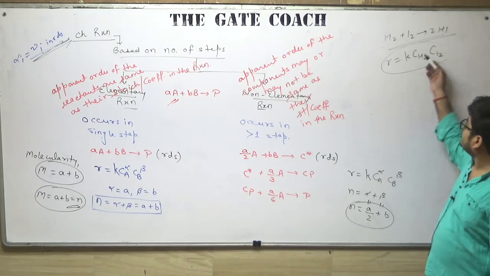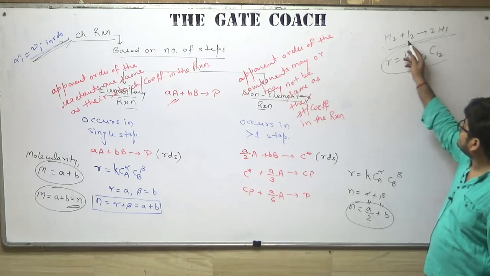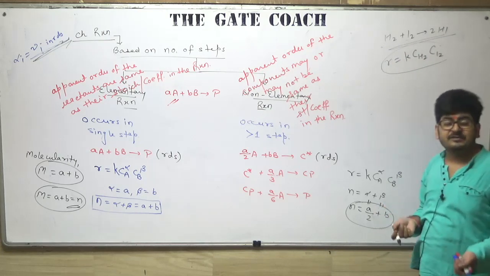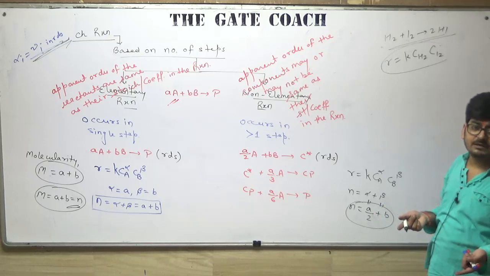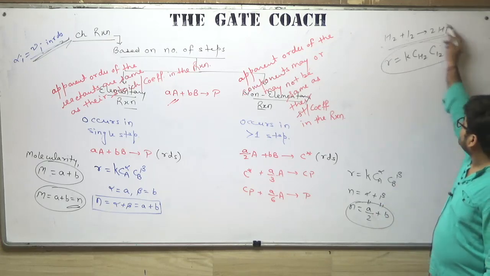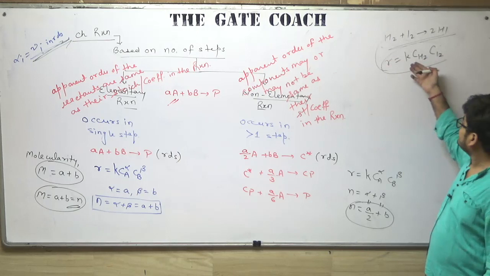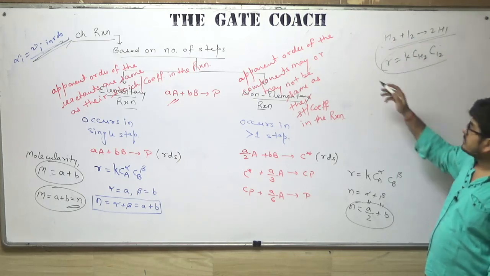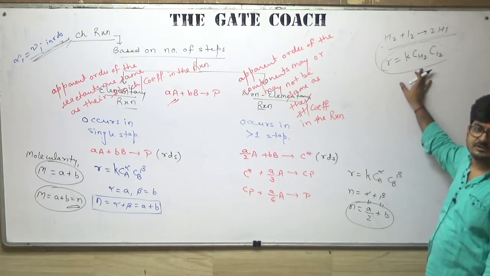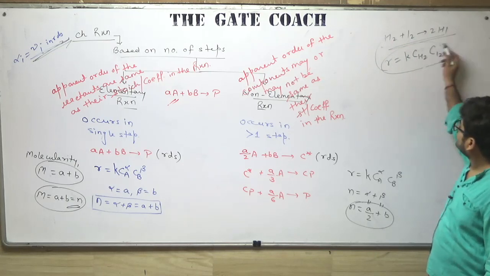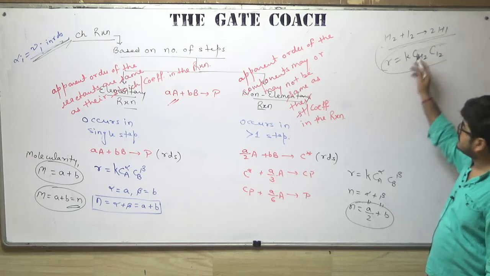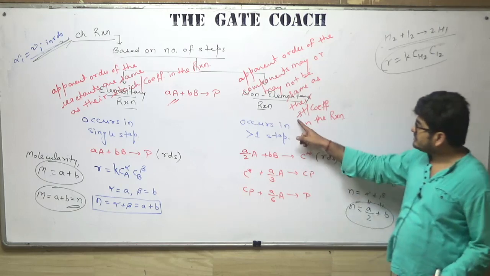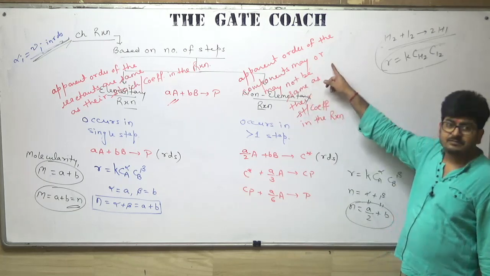Because for elementary reactions, apparent orders will be same as their stoichiometric coefficient always. But for non-elementary reactions, may or may not be. It may happen that these are the same as this for non-elementary as well. So still we cannot say this is elementary one, just based on the order, just based on the reaction rate equation. So remember this, for non-elementary, they can be same, they can be different.